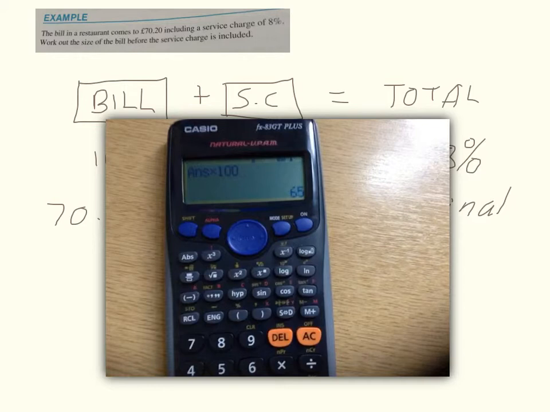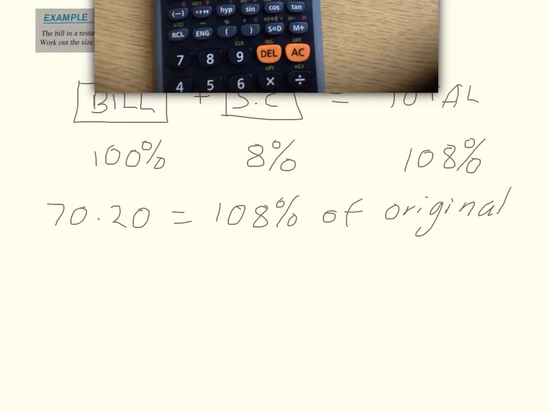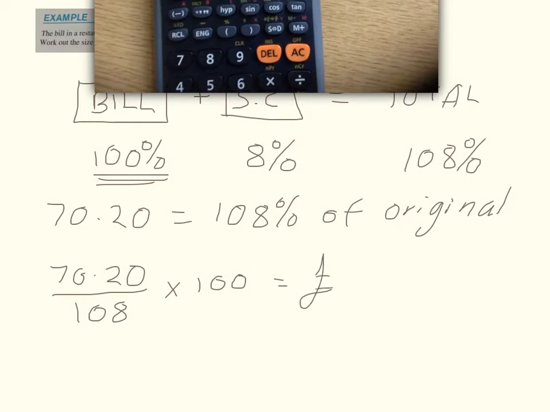And I get my final answer, which is £65. So what I've done is I've done £70.20, divided by 108 to find 1%, then multiplied by 100 to get 100%, and my answer was £65.